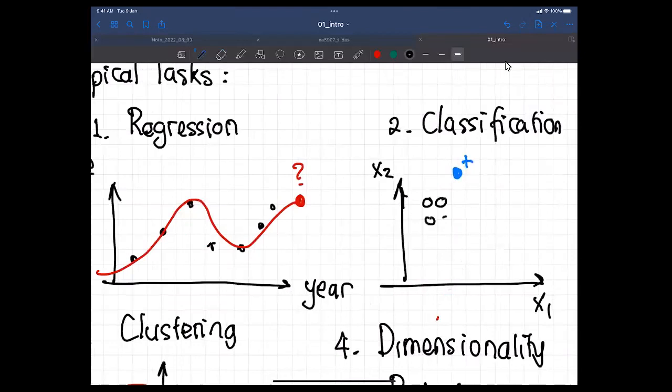Everything is just points here. Now it looks like clustering. So that's why clustering is mostly unsupervised.